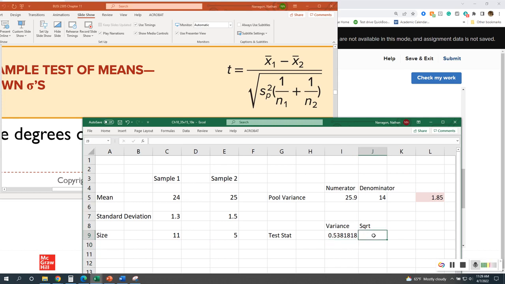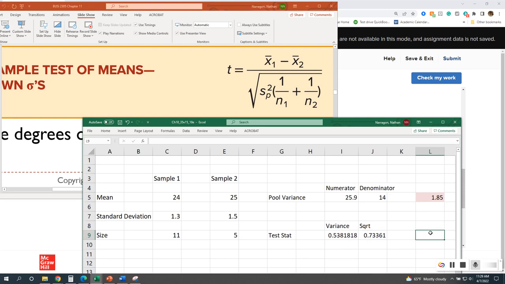Then we know we're going to square root it. So square root, parentheses, that one. There we go. Again, you can go to formulas and pop up the formula if you want to. Or you can type in square root and put that in parentheses.